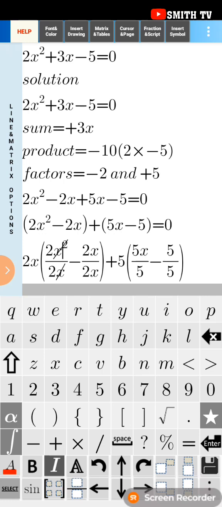I prefer dividing from the denominator, so x cancels x squared, and 2 also cancels 2.